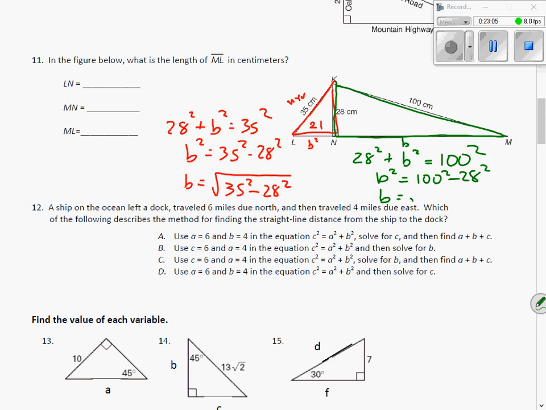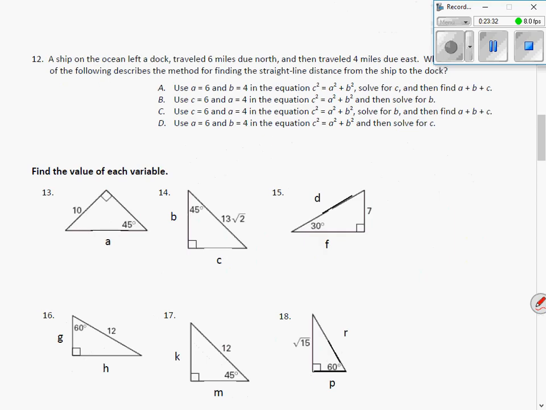And so b is the square root of 100 squared minus 28 squared, which is 96. So LN is 21, MN is 96, ML is, what do we say? 117 when you add them up.